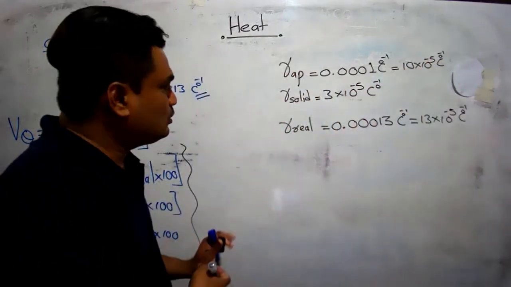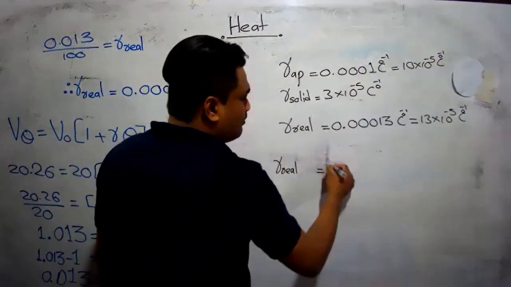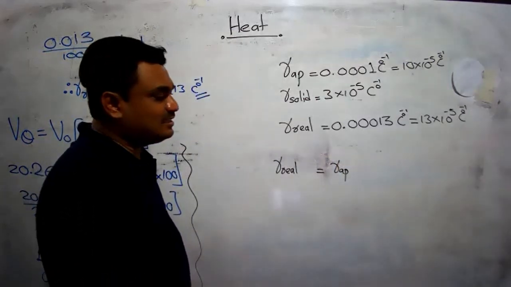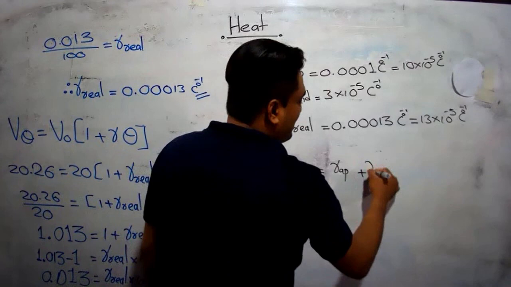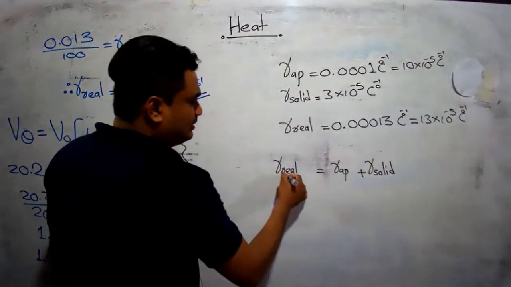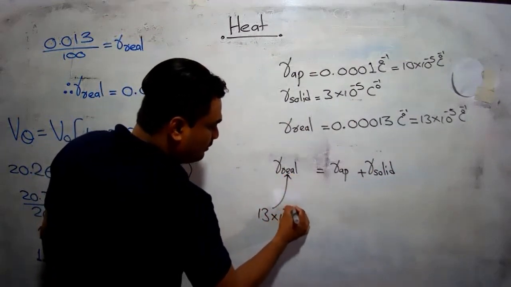So what is the relationship between gamma real and gamma apparent here? If you add gamma apparent to the gamma solid, you will get gamma real. Am I right? This is 13 into 10 to the power minus 5.